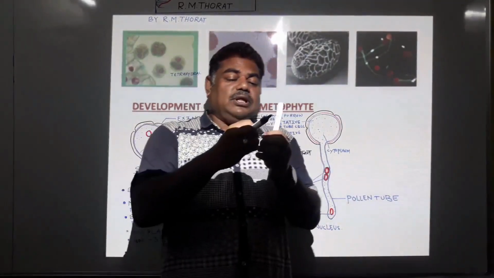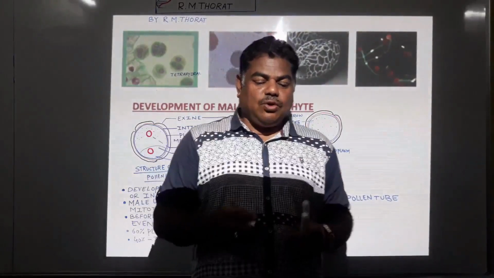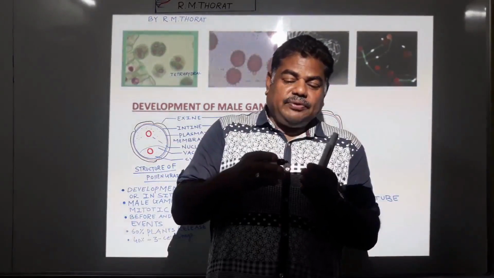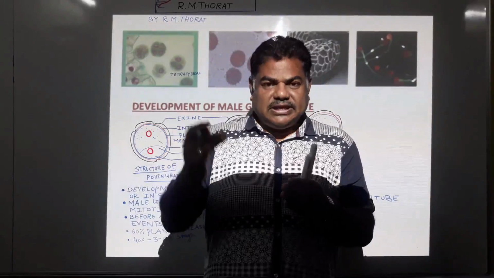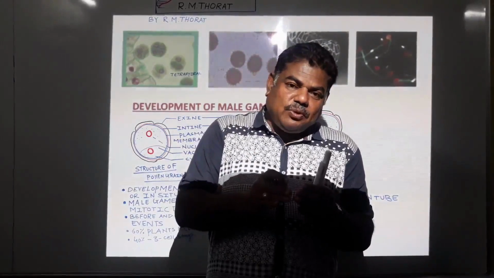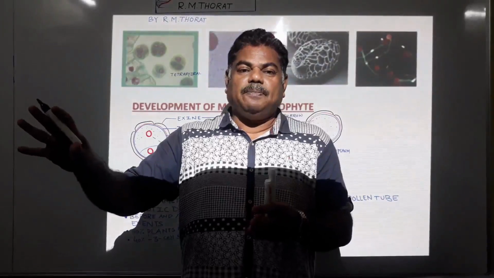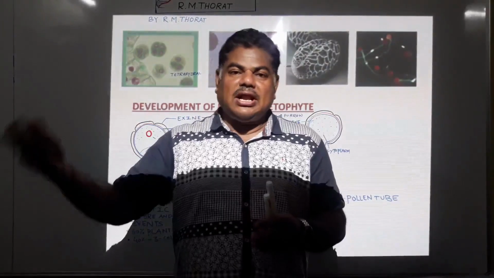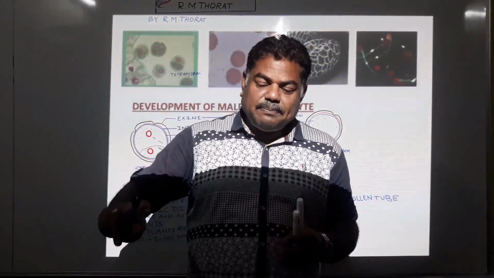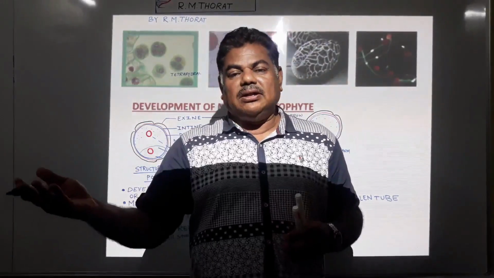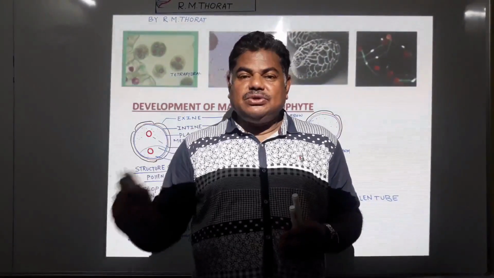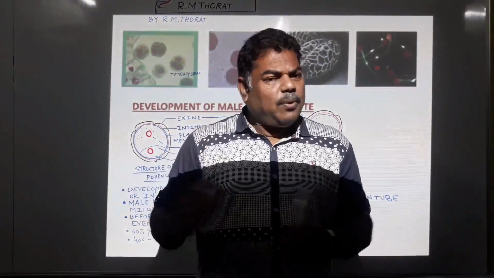Now when the pollen grain is released from the mature anther lobe, it is transferred by various agencies. Transfer of this pollen grain from the mature anther lobe to the receptive stigma of the same flower, or another flower on the same plant or another plant, we call pollination.